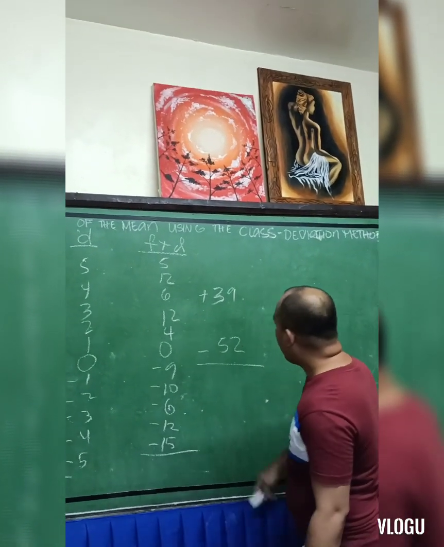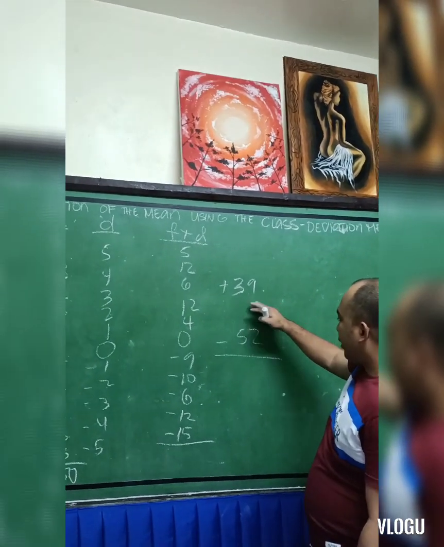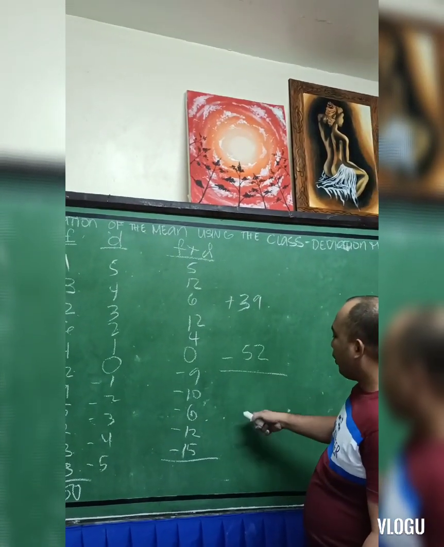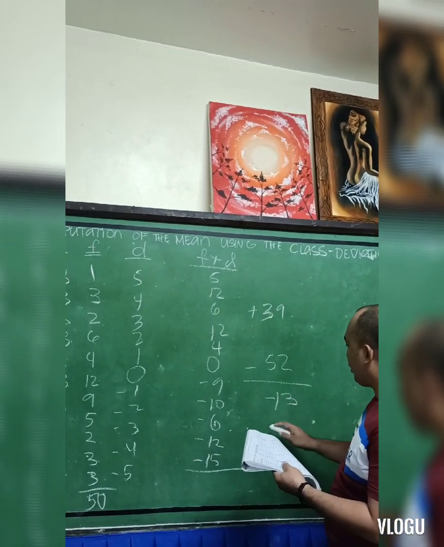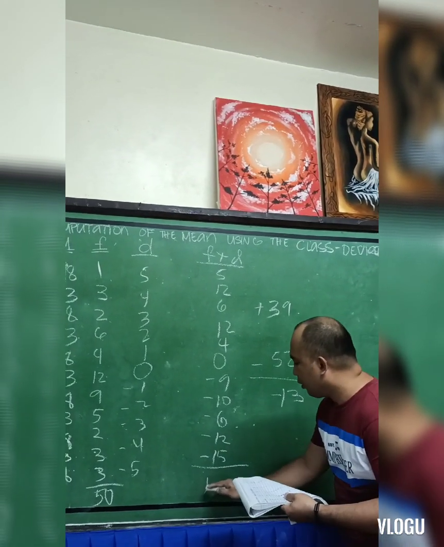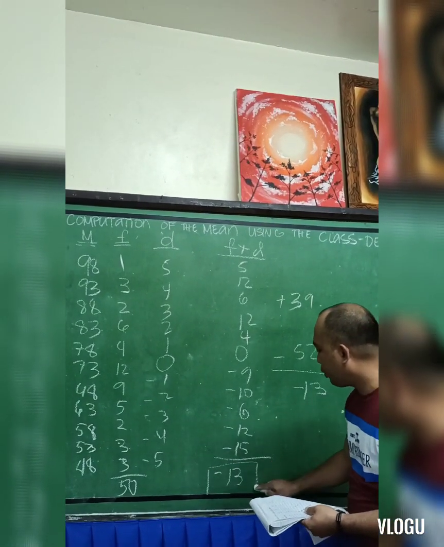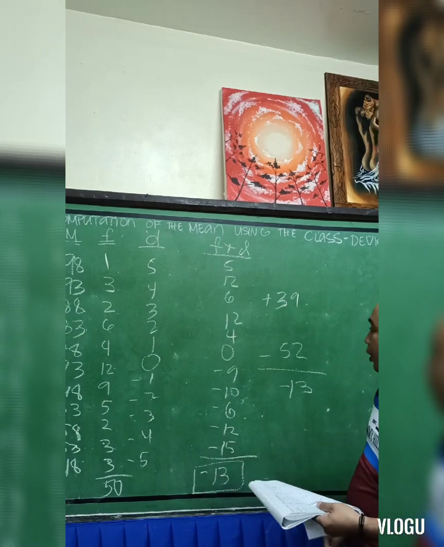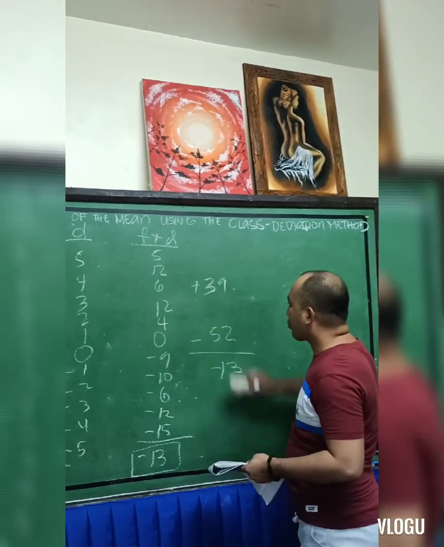Okay. Positive 39 and negative 52 will give us the answer of negative 13. So this is the summation of the product of frequency times the deviation.